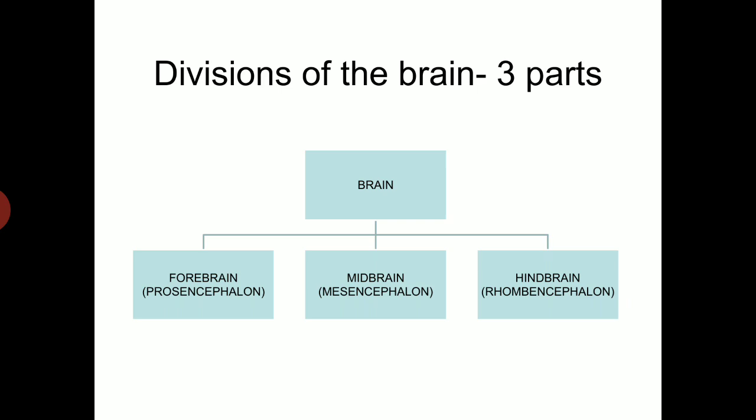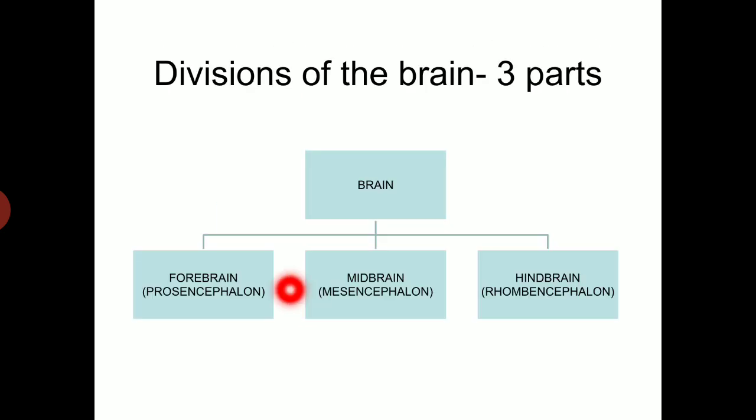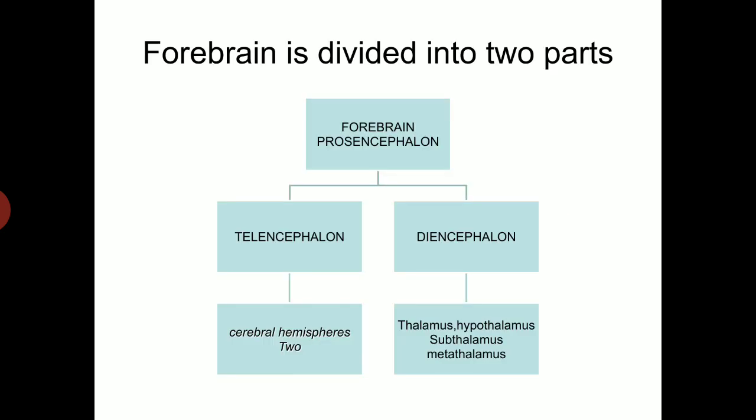Now division of the brain into three parts. As we know, this is the primary brain structure: forebrain, which is known as prosencephalon, midbrain, mesencephalon, and hindbrain, rhombencephalon. Now this forebrain, prosencephalon, is divided into telencephalon and diencephalon.